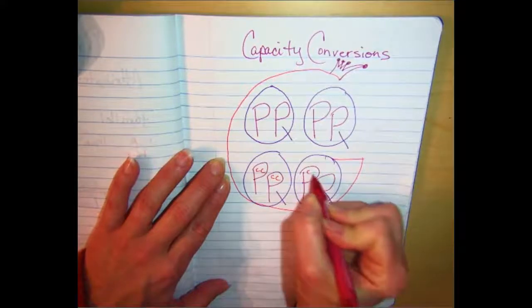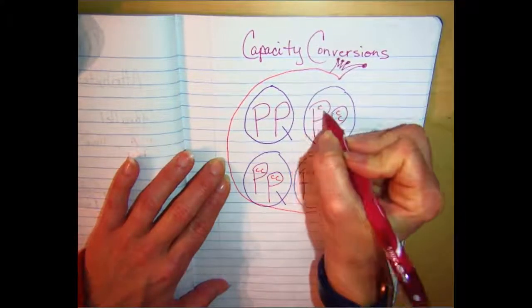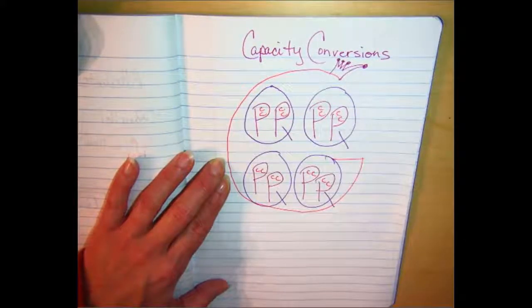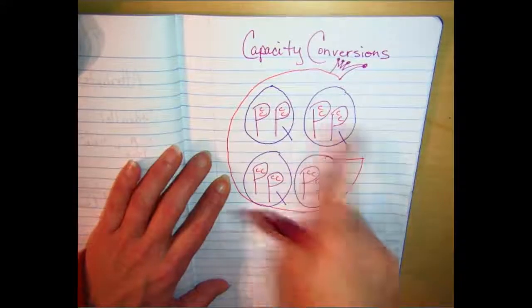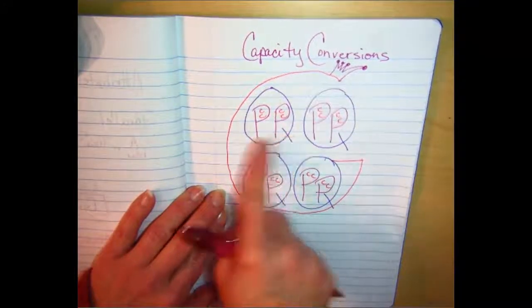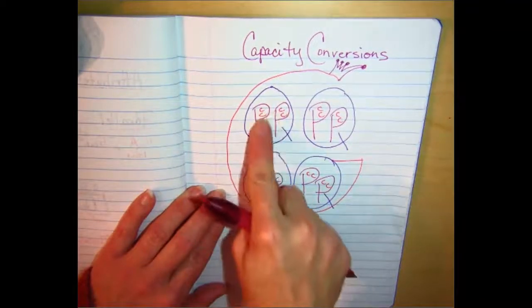Cute cat, cute cat, cute cat, cute cat. So King Gallon had 4 queens, 4 quarts. Each queen had 2 princesses. Each princess had 2 cats.